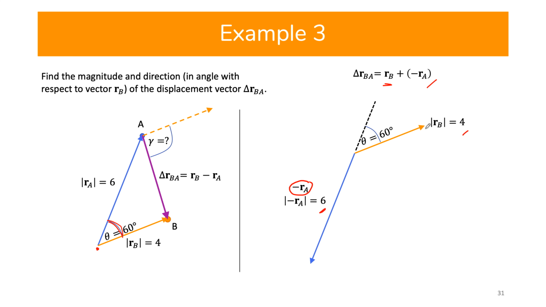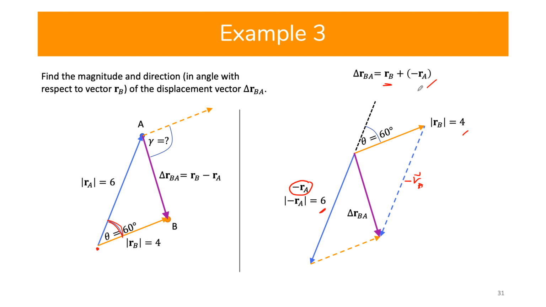Now what you're going to have is a parallelogram of vector addition that we covered before, like that. The dashed lines that you see here are when I translate this minus RA vector over here. This one is when I translate this RB vector over there. You have an addition parallelogram, right?